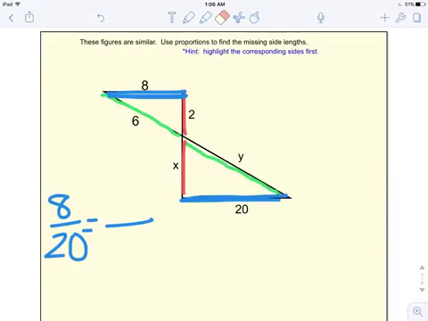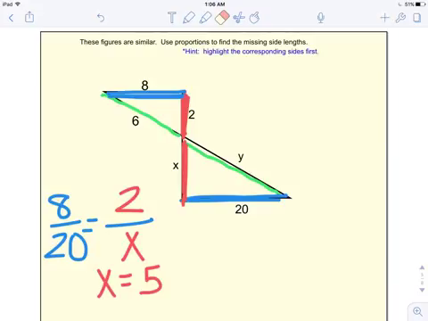If I started with 8 on the smaller figure first, then I have to start with 2 on the smaller figure first, and then I can do the x from my bigger figure next. So 8 over 20 equals 2 over x. And when I solve that, I get x equals 5.